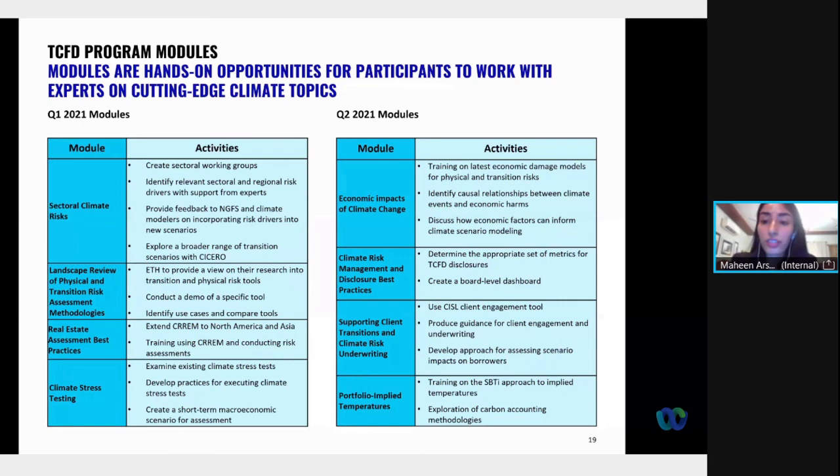We've partnered with the Cambridge Institute for Sustainability Leadership for that module. We're also conducting work on portfolio implied temperatures and how banks and investors can conduct target setting and then incorporate those into their climate-related financial disclosures.